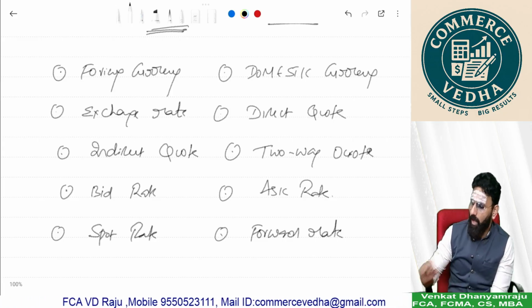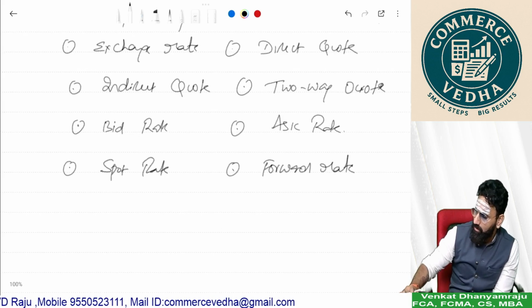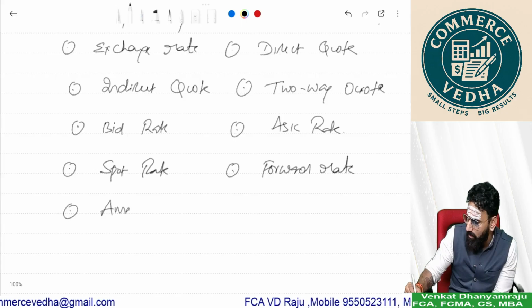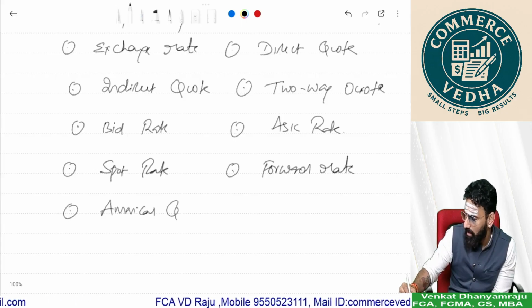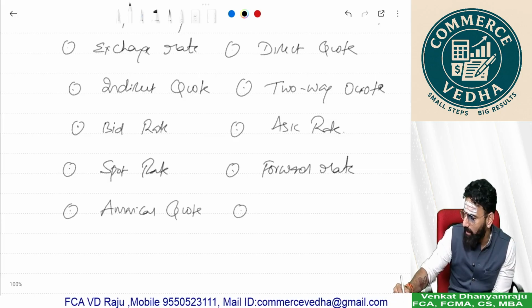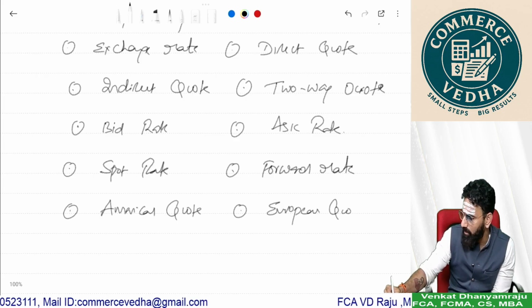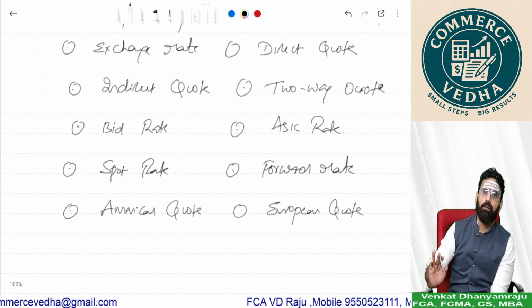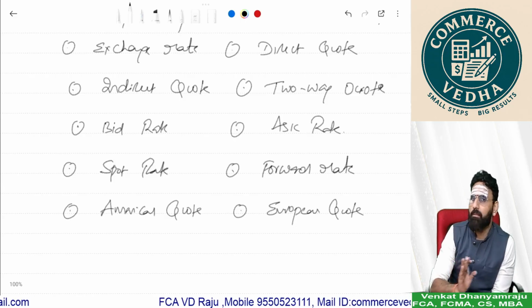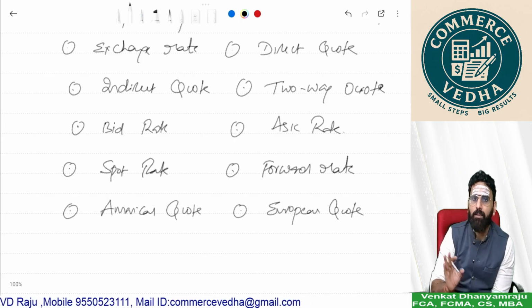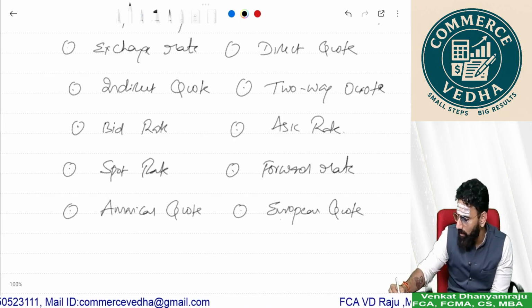Now, the other two terms which we left are American quote and European quote. But understand, European quote is not at all relevant to Europe. It is just a European quote and American quote.